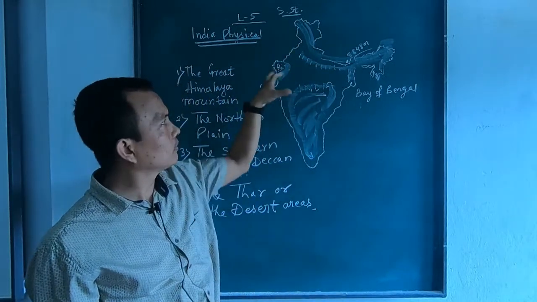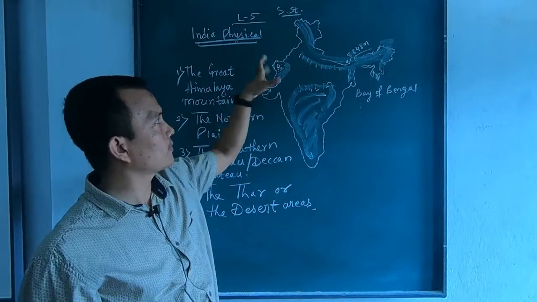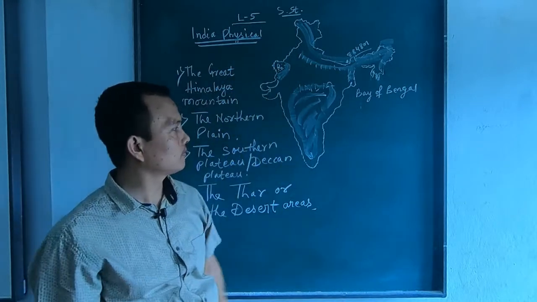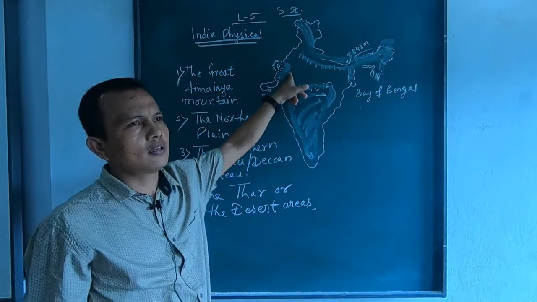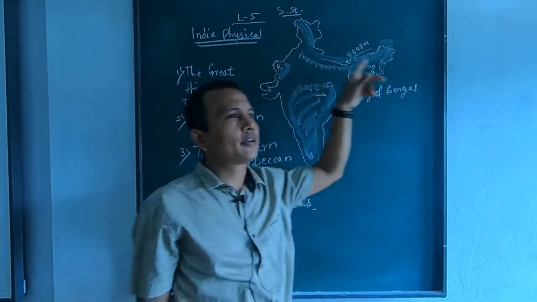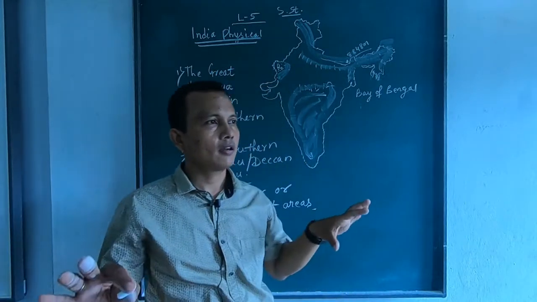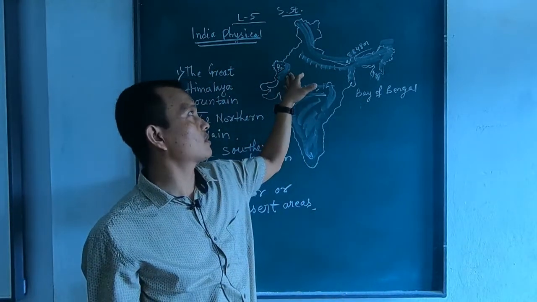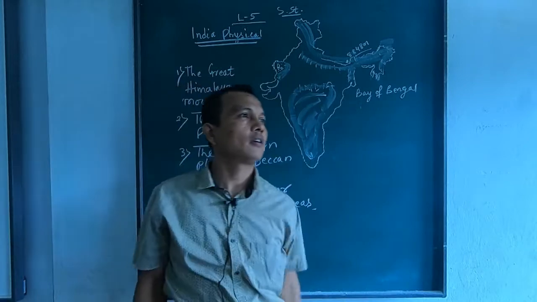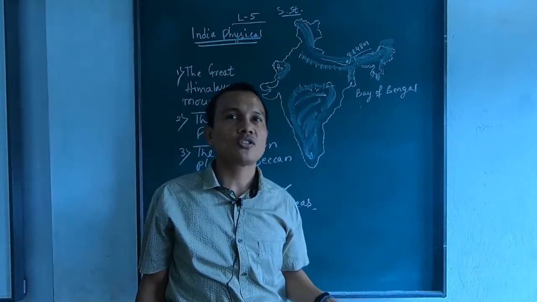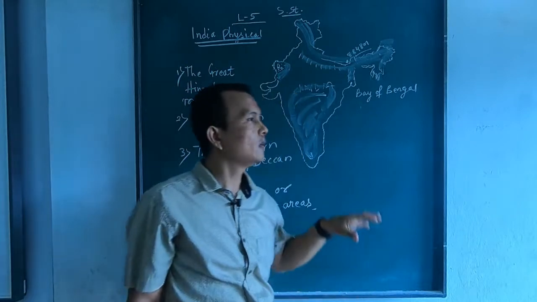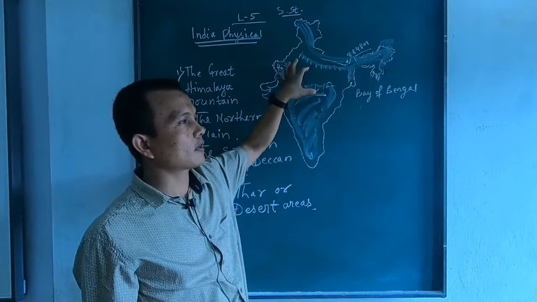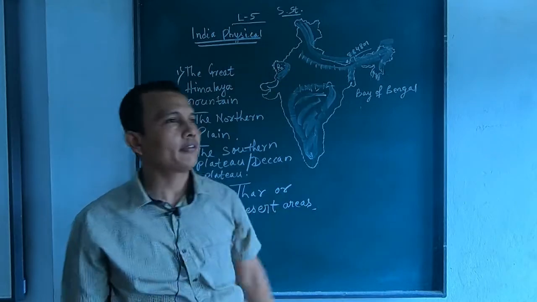So we can see here the climate is very hot. Because of that, populations are few, and most of the green plants are sparse, but few plants are grown here like dates, cactus, babul. All these things are grown in the desert areas.